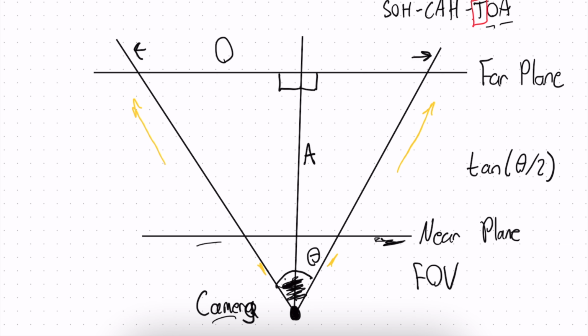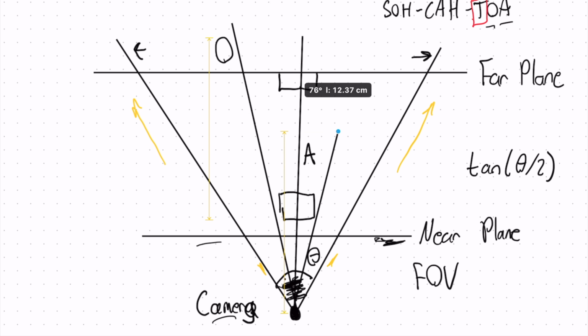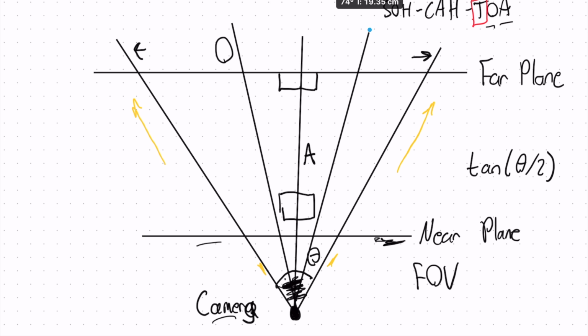However, there's kind of a problem here. Let's say we had a box, right? And let's say that this angle got narrower. Let's make that there. And let's put this here. So if we had a narrower angle, we would want our box here to actually take up more of the field of view.